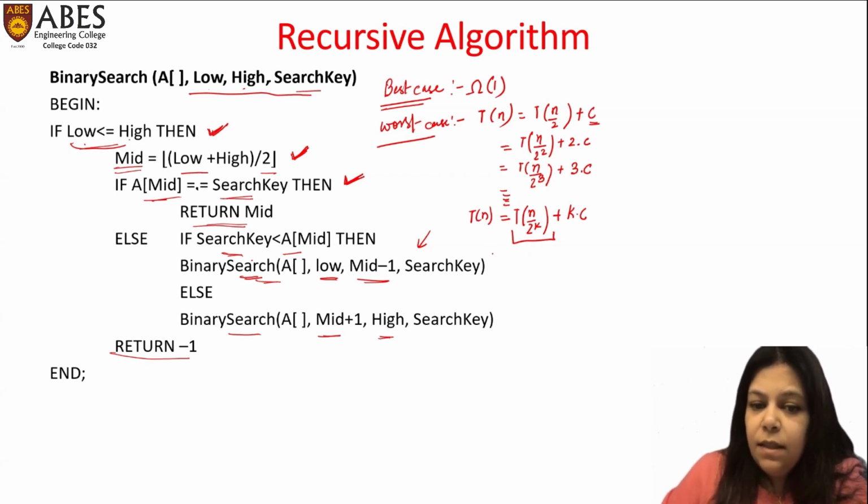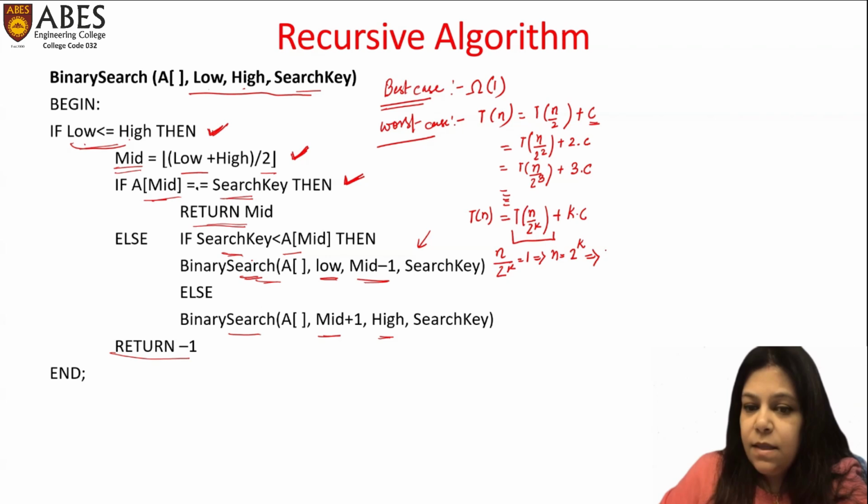So we can say that n/2^k is equal to 1. So n is equal to 2^k and taking log on both the sides, we get the value k is equal to log of n.